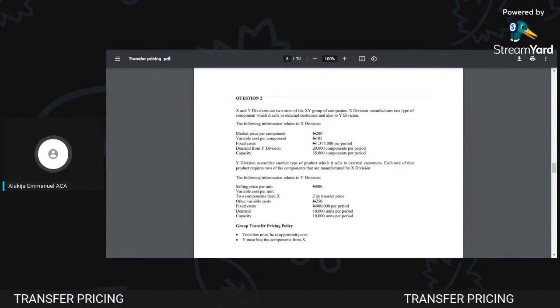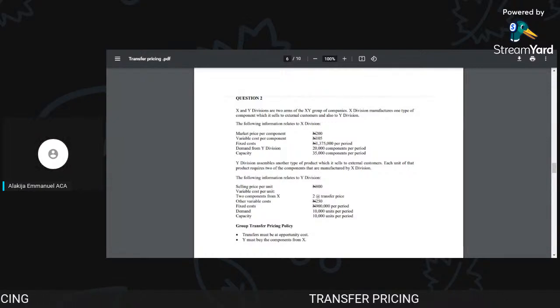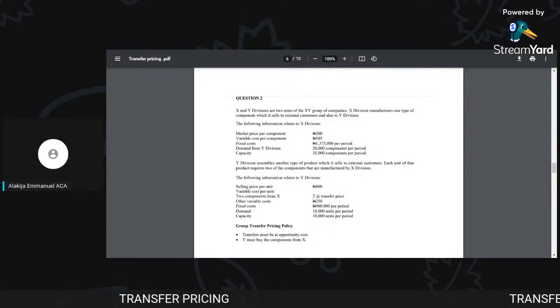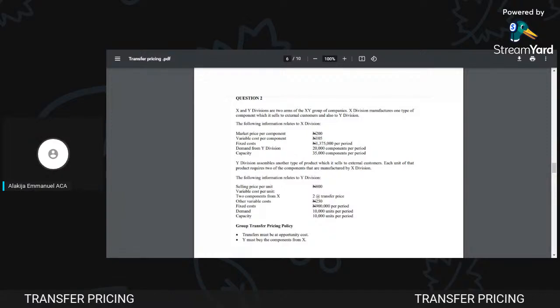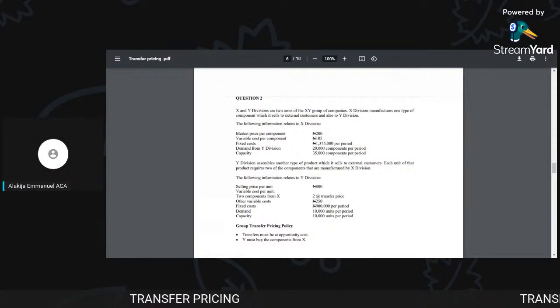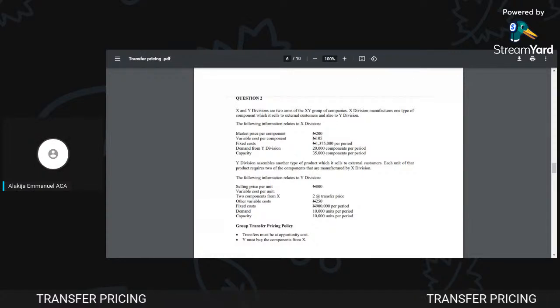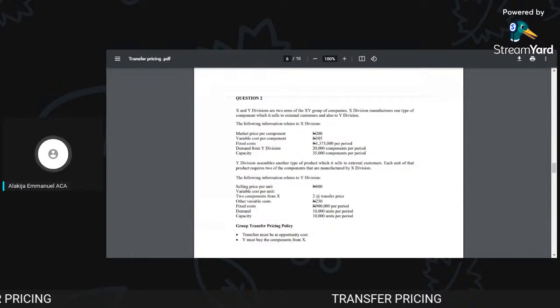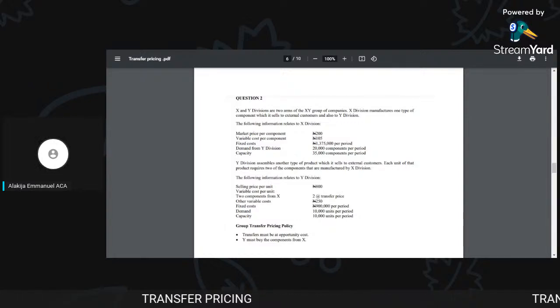He said X and Y division are two arms of X and Y group of companies. X division manufactures one type of component which it sells to external customers, and also to Y divisions.